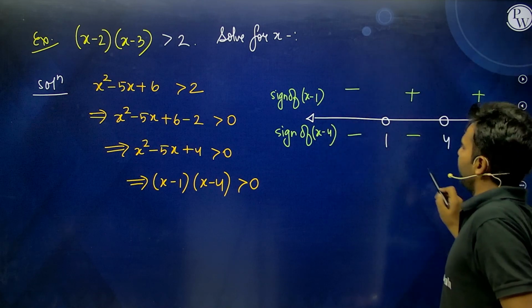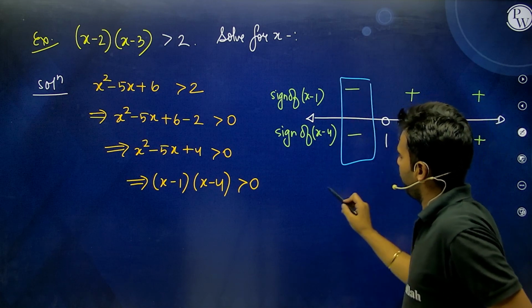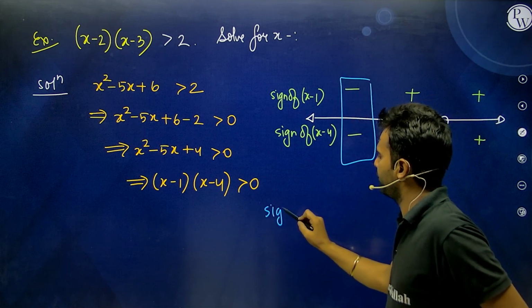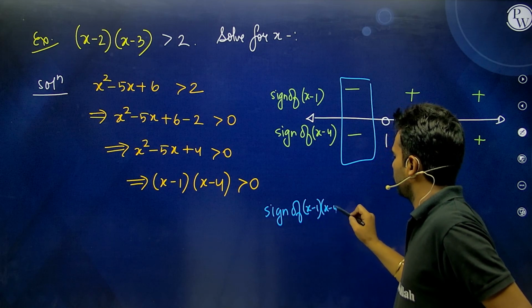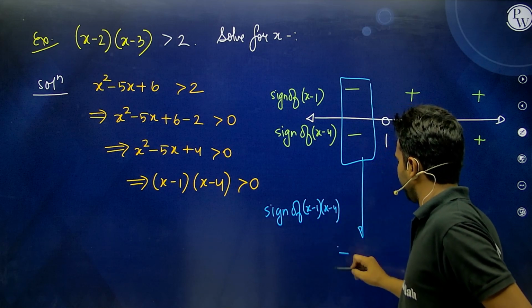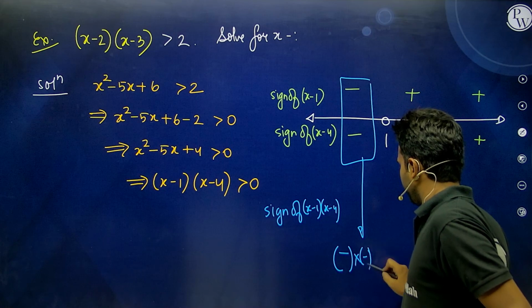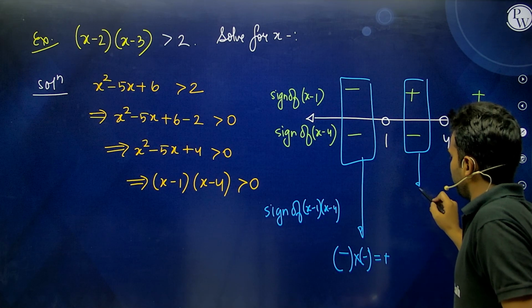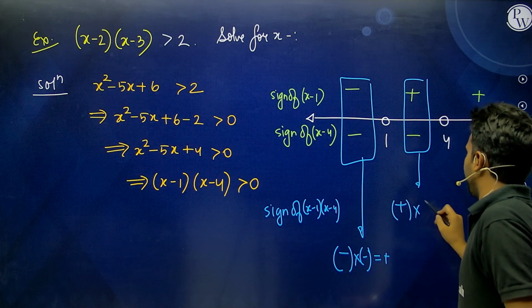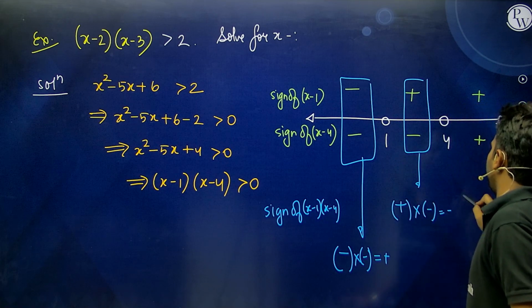So from here you can definitely say that if you want to find the sign of x minus 1 times x minus 4, over here you can see minus into minus, which is nothing but positive. Over here it will become positive into negative, that is equal to negative.